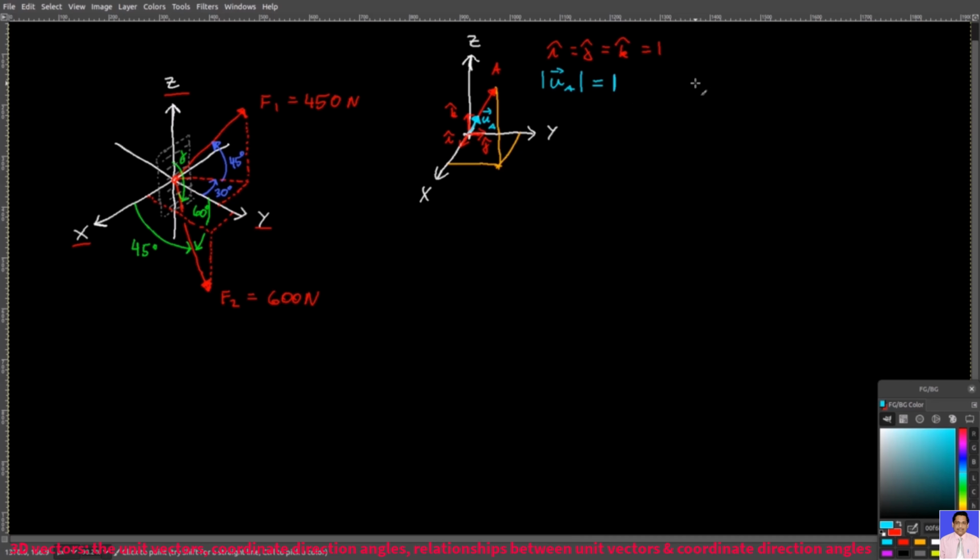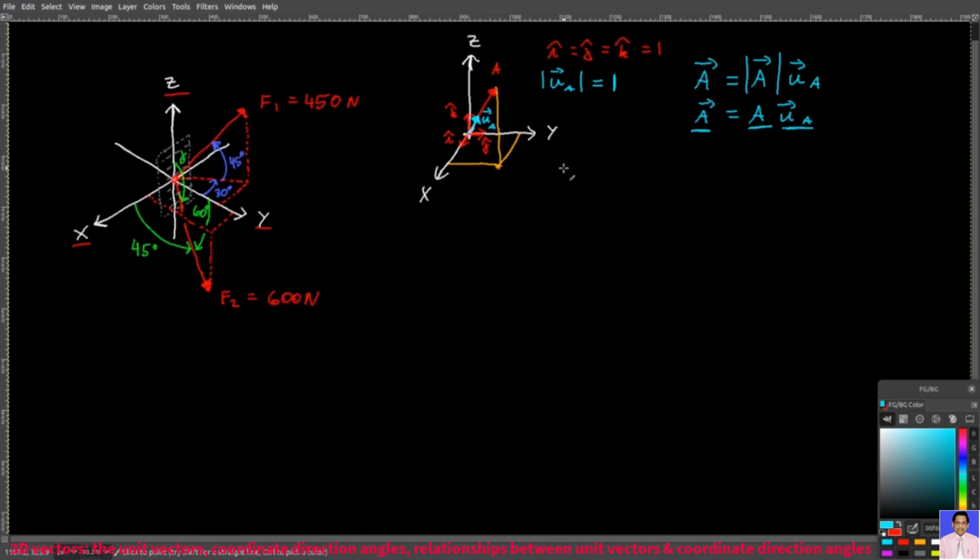Essentially, you can say that A vector equals its magnitude times this general unit vector. Or more informally, I can write it like this without the absolute signs and without the arrow. So this is the magnitude of A. And here I will multiply it by 1, but the purpose of this general unit vector is to show direction. And this unit vector points in the A direction. As a result, you have this vector A that points in the same direction.